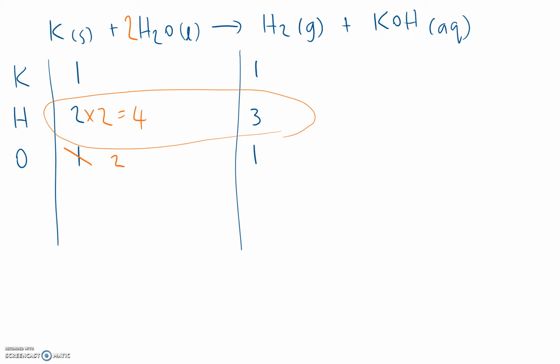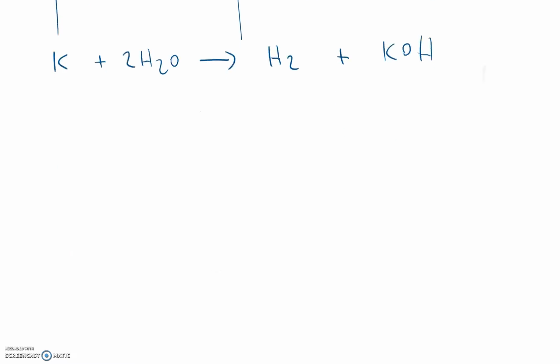And then I rewrite the equation, the new equation, below my table. I'm not going to put in solid, liquid, gas or aqueous states just to save me time, but I will add those at the end. So this is now my equation after the first step, and then I repeat this process.